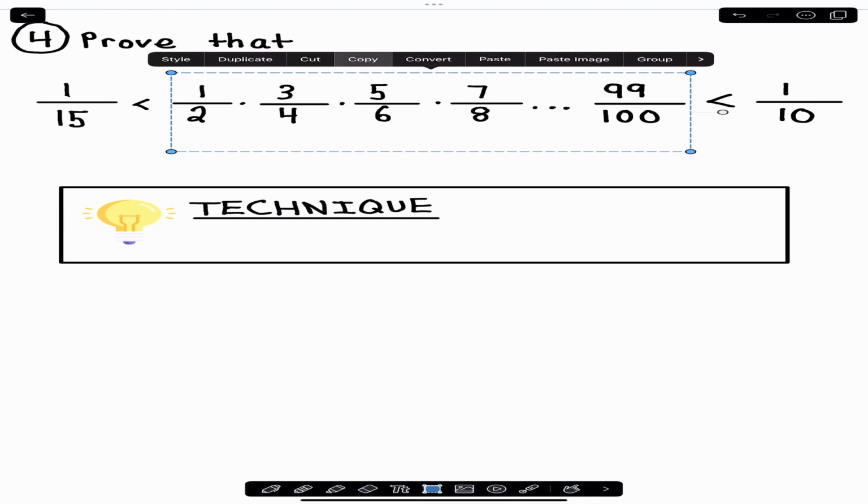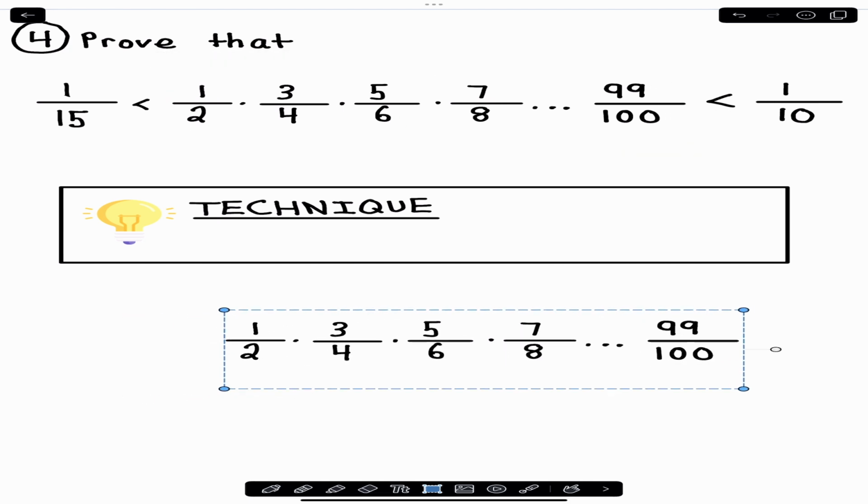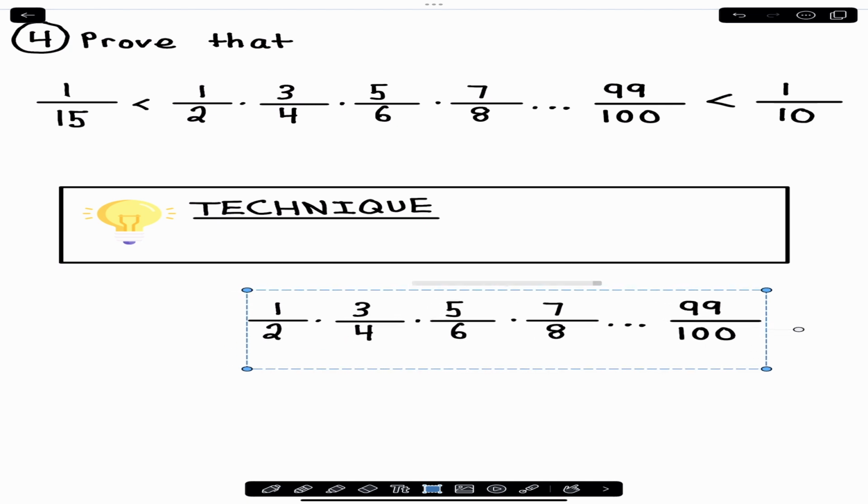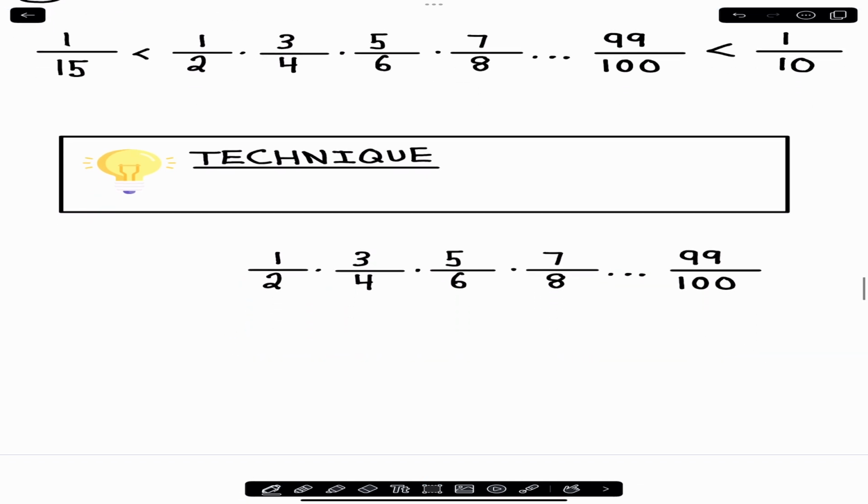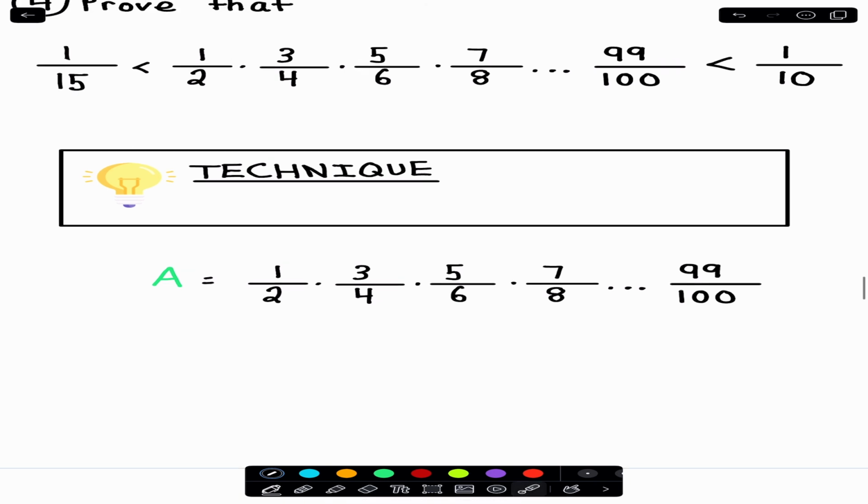So how about taking this thing in the middle, and from now on, let's go ahead and call it A. This is a good strategy, because now I don't have to always read out the product. I can just call this thing A for this solution.